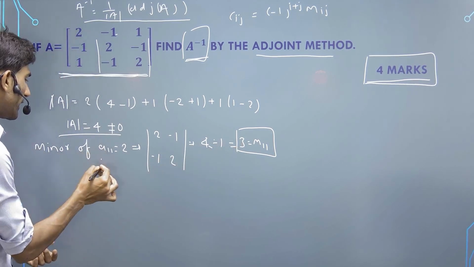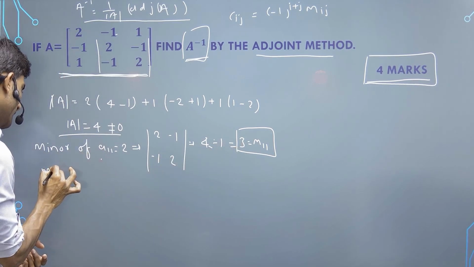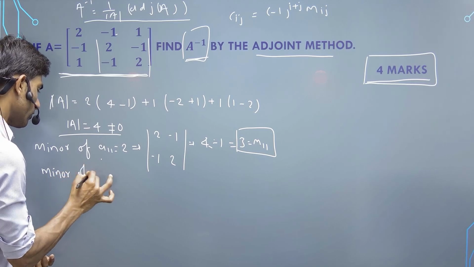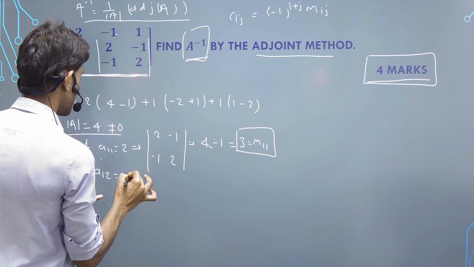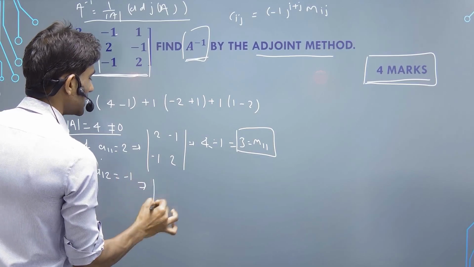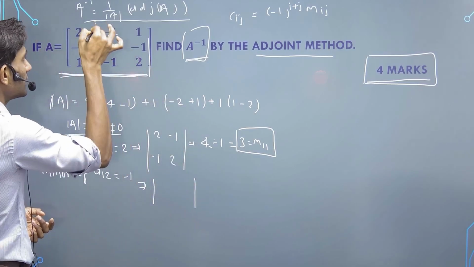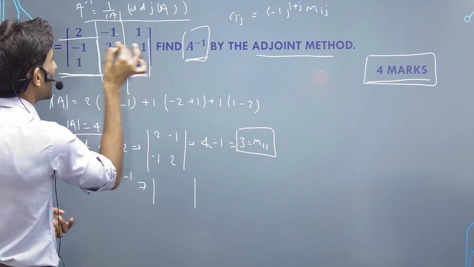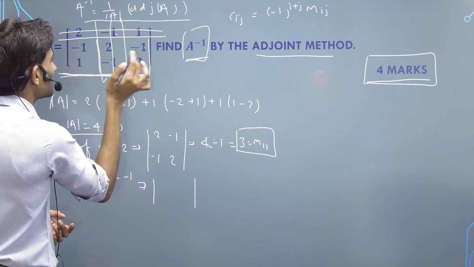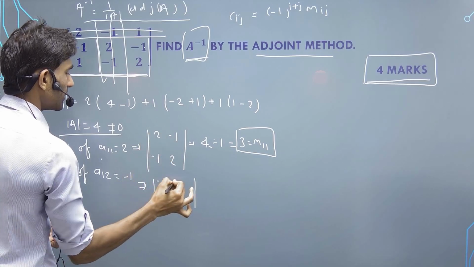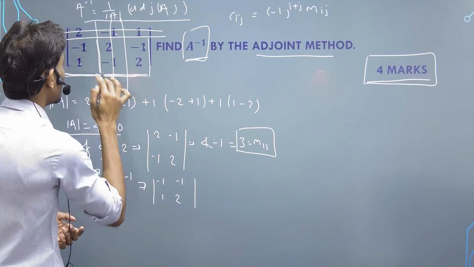Similarly, do it for the minor of A12. What is the element A12? First row, second column, minus 1. With respect to this, find the 2 by 2 determinant. We delete the row and column of that minus 1, and the remaining elements minus 1, 1, 2, minus 1 form the minor.